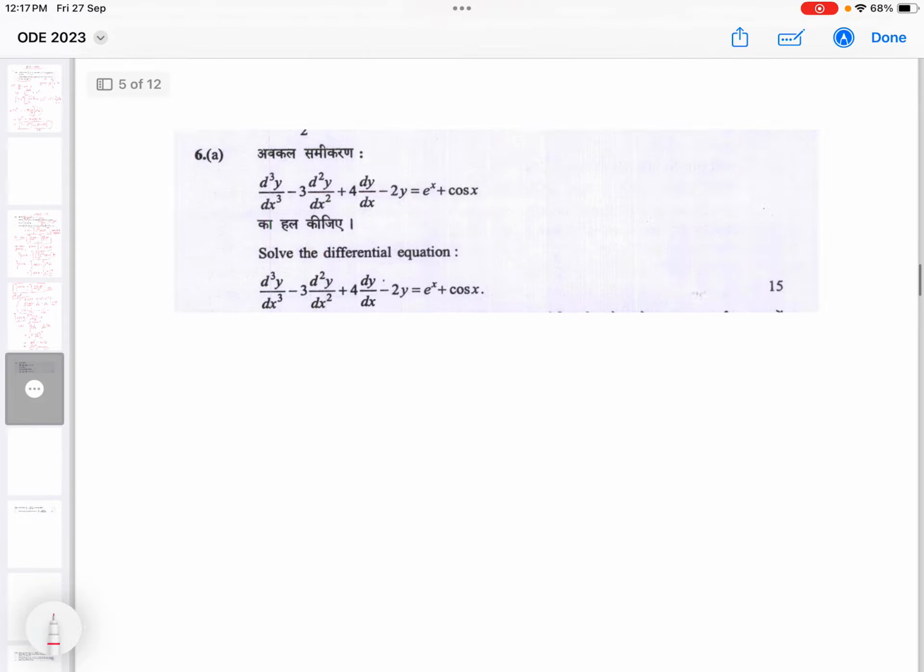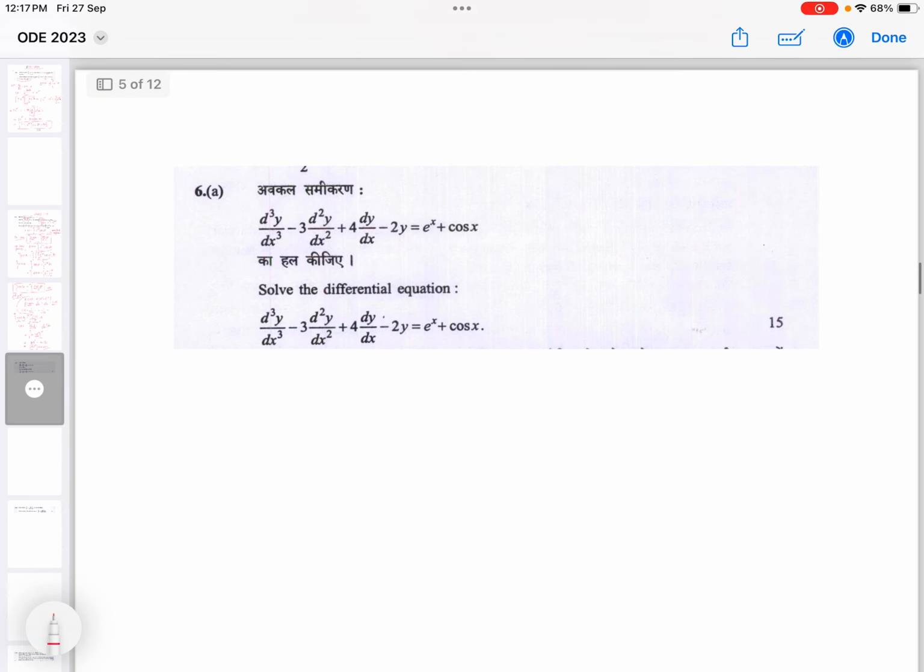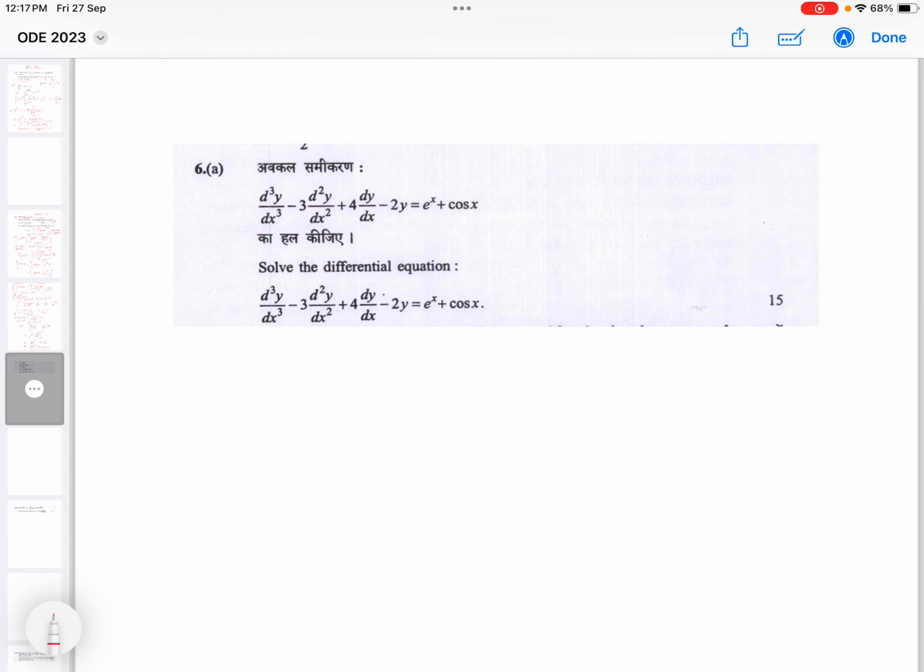Coming to the third question. This is a very standard question of differential equations. The simple method to solve this is to put d over dx as D. This is a standard ODE.